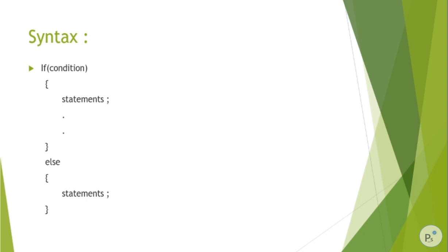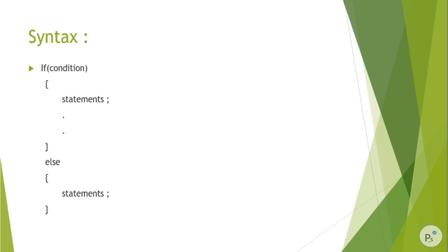It's a keyword, it's predefined, and we can't change it. In brackets the condition is there. If the condition is true, then the statements will execute. If that condition is not true, then the other block of code will execute.